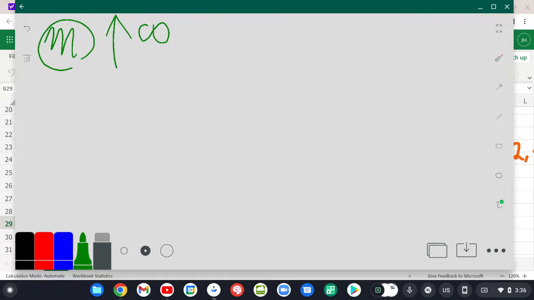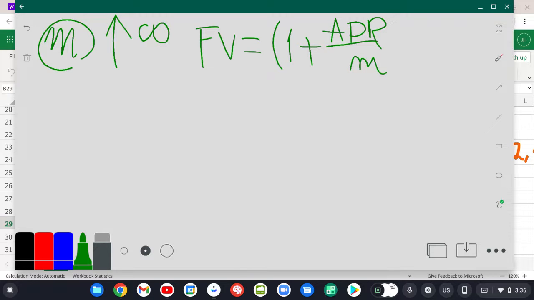But then let's think about it. In the formula, that's why we are splitting APR by M, and then within 1 year, just within 1 year, so T is 1.